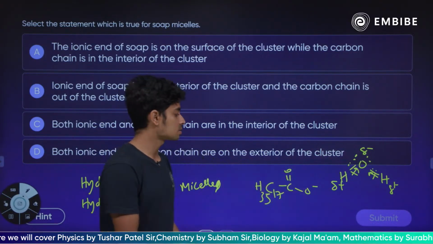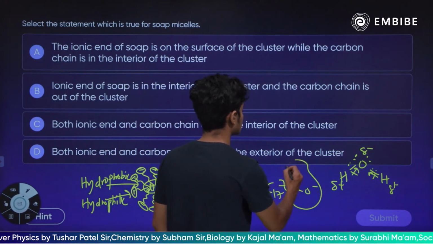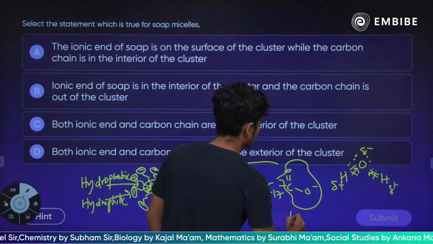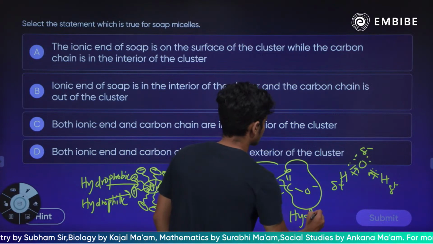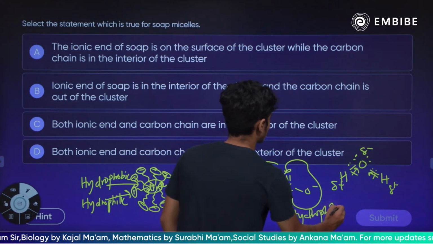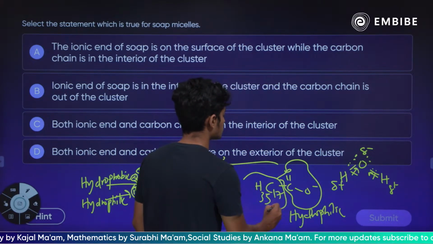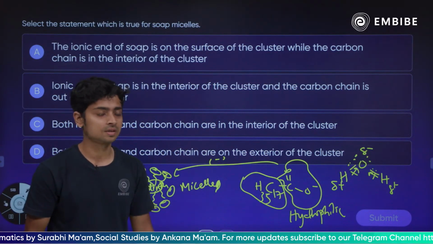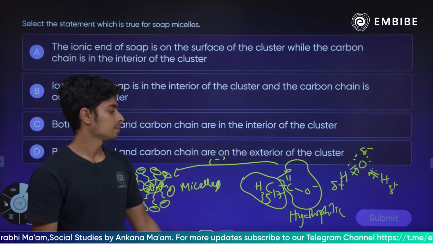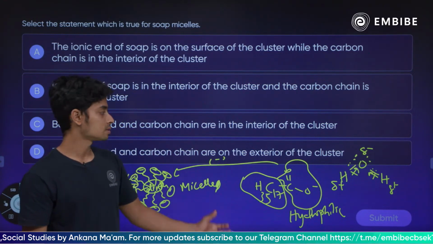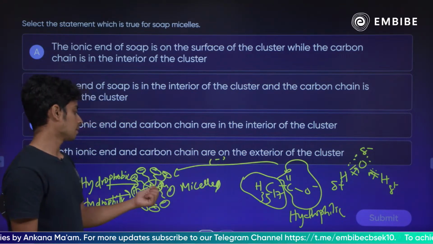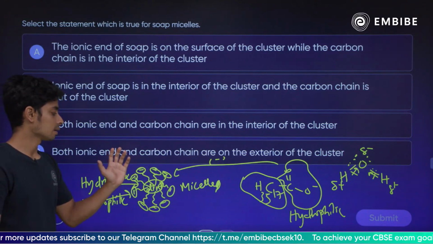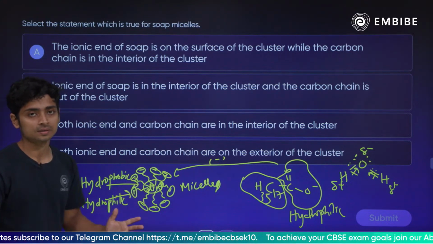The hydrophilic end is this charged part, the minus part. And this part is your carbon chain. The carbon chain does not have any charges or partial charges, thus it will be my hydrophobic end. This hydrophobic end can attract dirt or grease particles to itself.